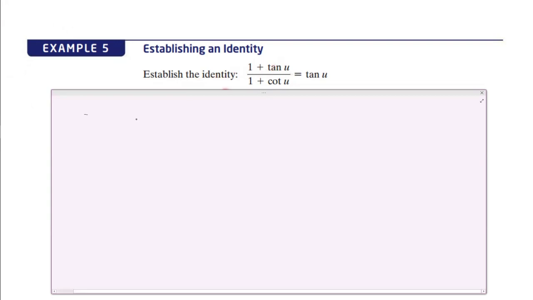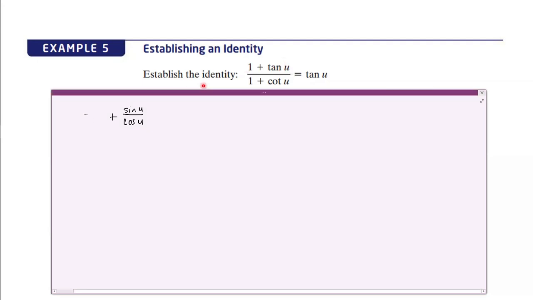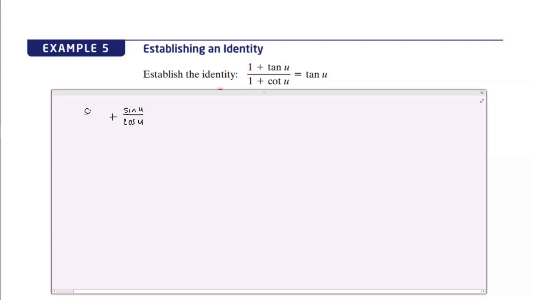So I know that the tangent u here is going to be the sine u over the cosine u. Okay, so that's my tangent u. And I have to add 1 to it, and I want to make a common denominator, so I'll think of my 1 as a cosine u divided by itself. And then that gives me a common denominator to bring those together on.